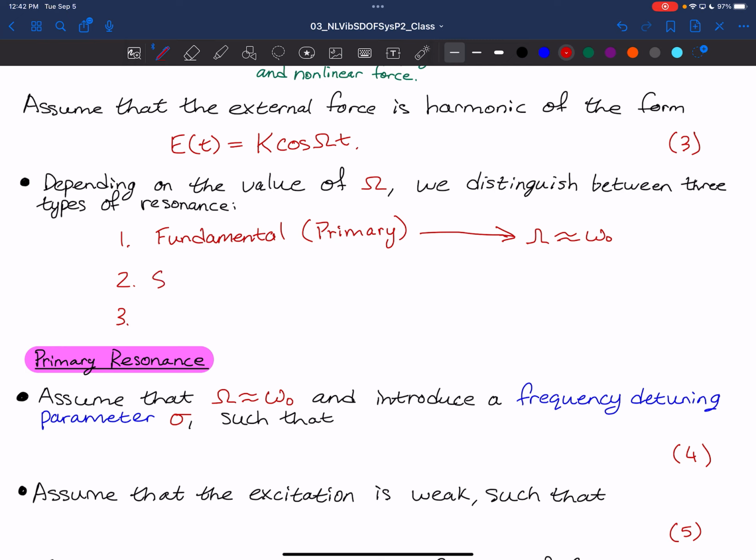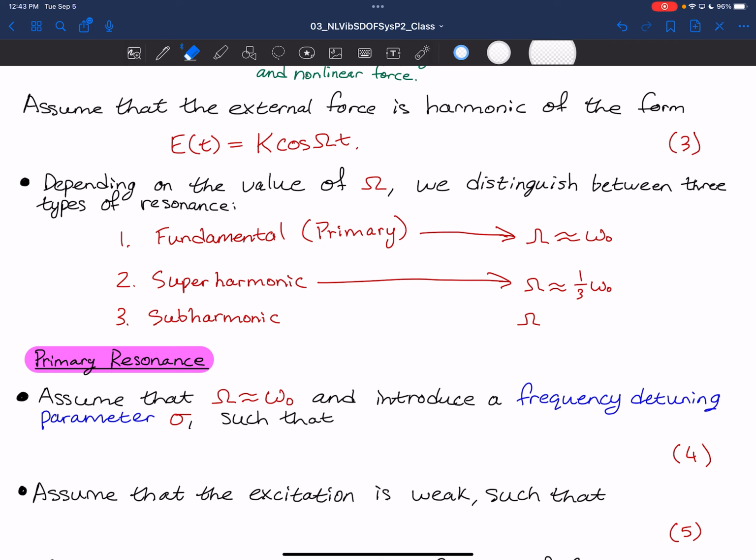The second type is superharmonic, in which case capital omega is approximately equal to 1/3 omega 0. And the third is subharmonic, in which case capital omega is approximately equal to 3 omega 0.